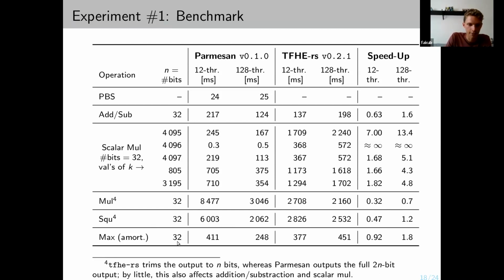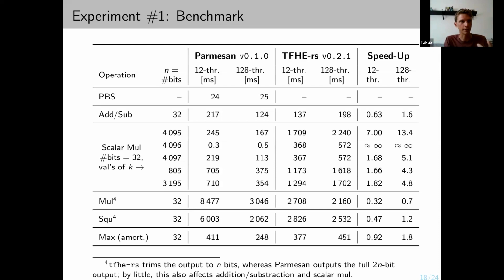And one more short comment for maximum. It depends on the depth of the maximums that are evaluated, especially in TFHE RS, because there is certain space that might hold some overflow for a short time, so it might be different if this is the first-level maximum or second-level maximum.